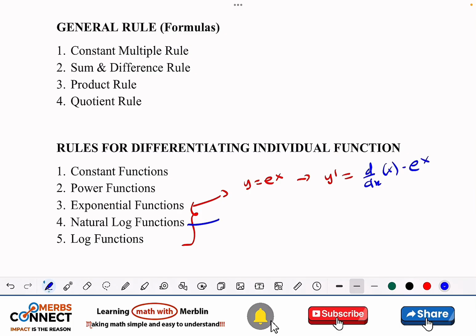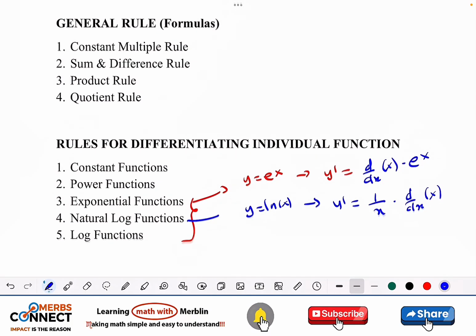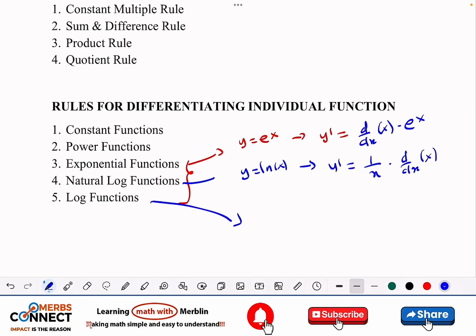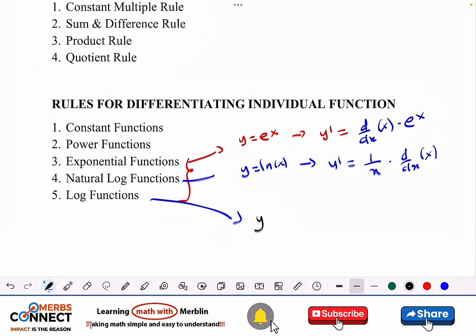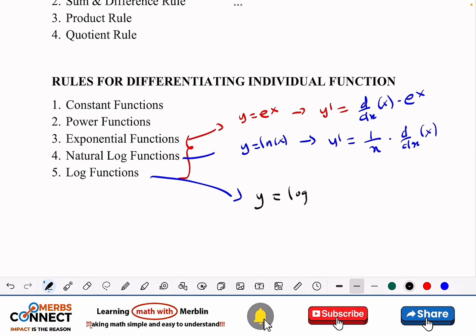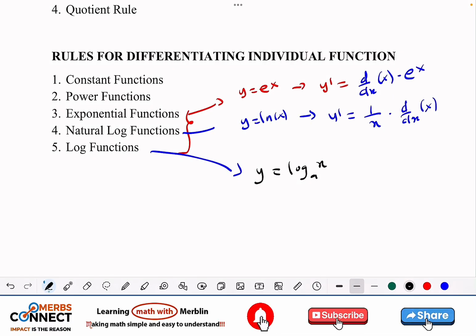Then the natural log function, if y is equal to the natural log function, we saw that y prime should be equal to 1 divided by x times the derivative of what is inside the parenthesis. And we saw that if the function is the log function, which is equal to log of x base a, then y prime should be 1 divided by x natural log of the base times the derivative of what is inside the parenthesis.